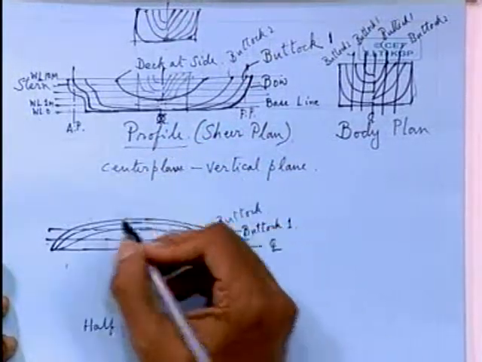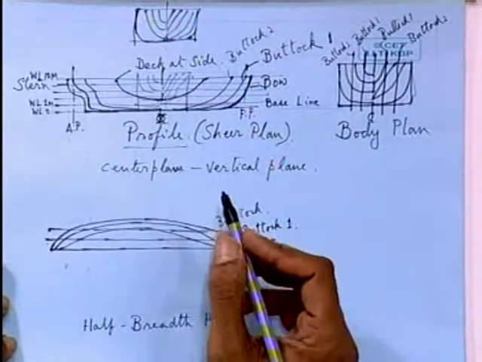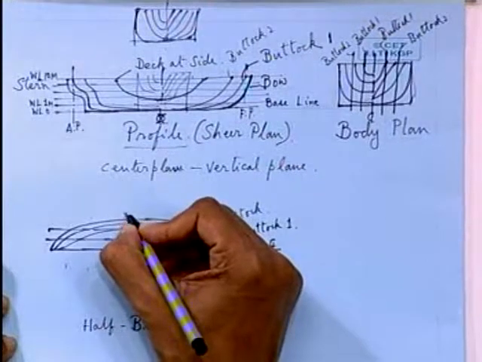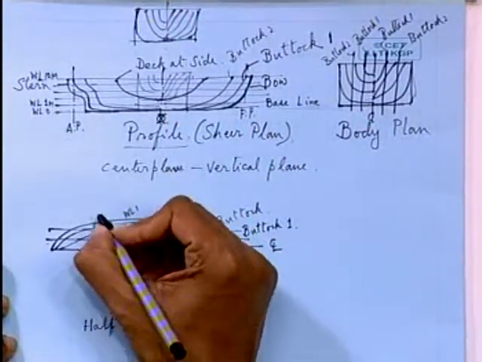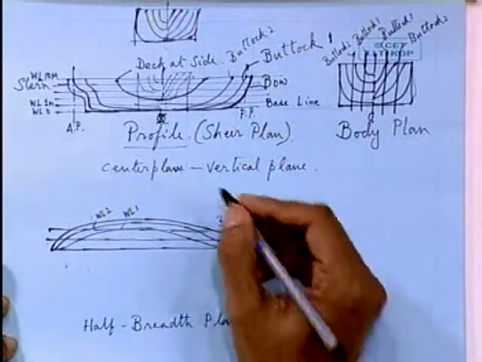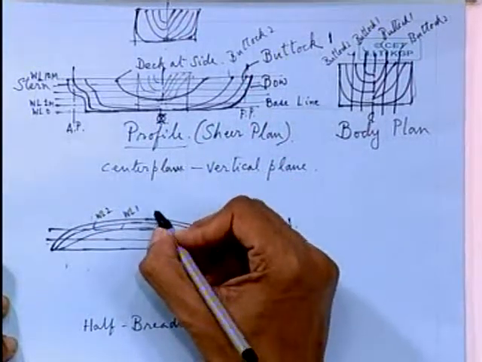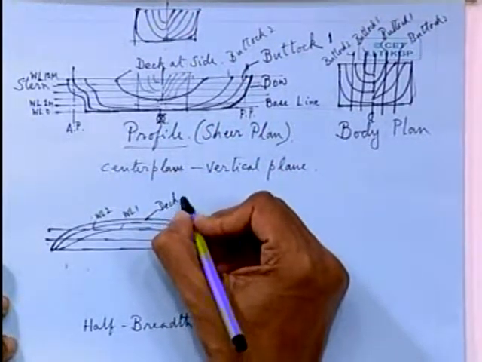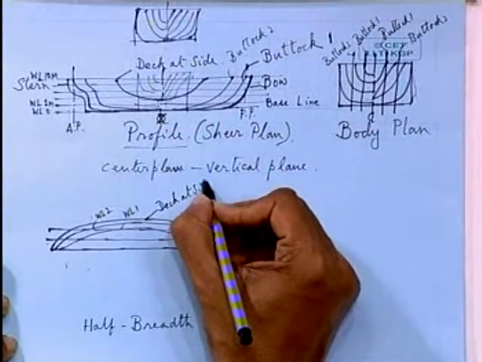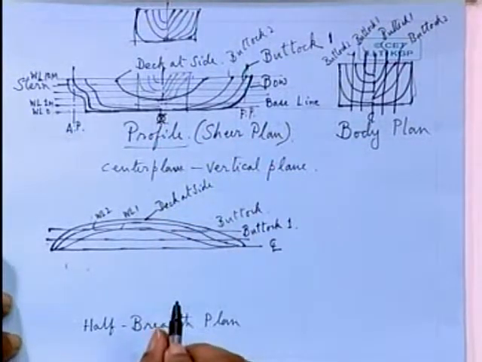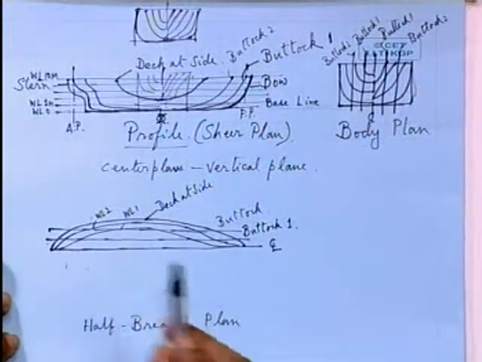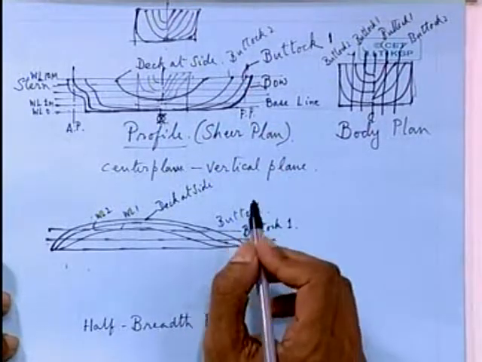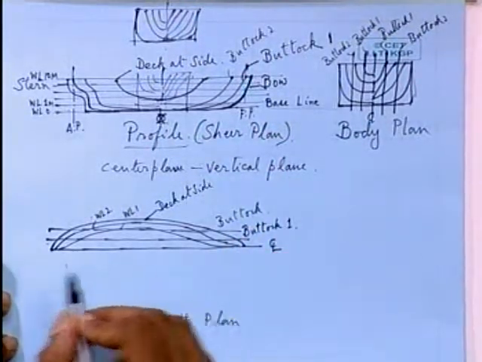So say this will be water line 0, of course, the base plane, and here this may be water line 1, then this will be water line 2, and the extreme boundary will be given by deck at side. Deck at side is another water line, isn't it? So these are the things which may constitute your half breadth plan.